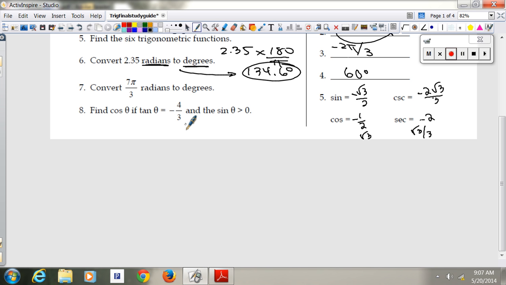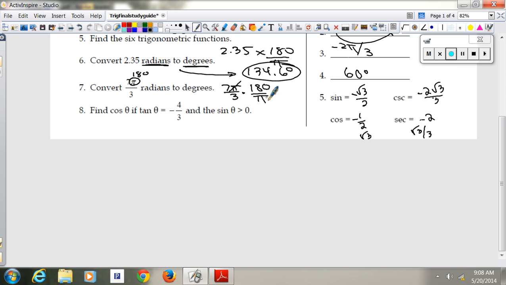Now number 7 is asking you the exact same question, but it's giving you a radian measure with a pi in it. So you could do the exact same thing, 7 pi over 3 times 180 over pi. That will still work. You could also have taken out this pi and put in 180, because that's how many degrees pi is. Pi is 180 degrees.